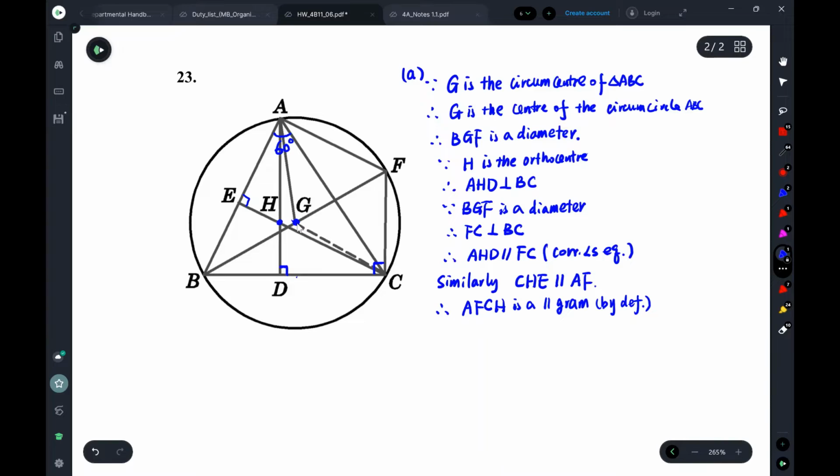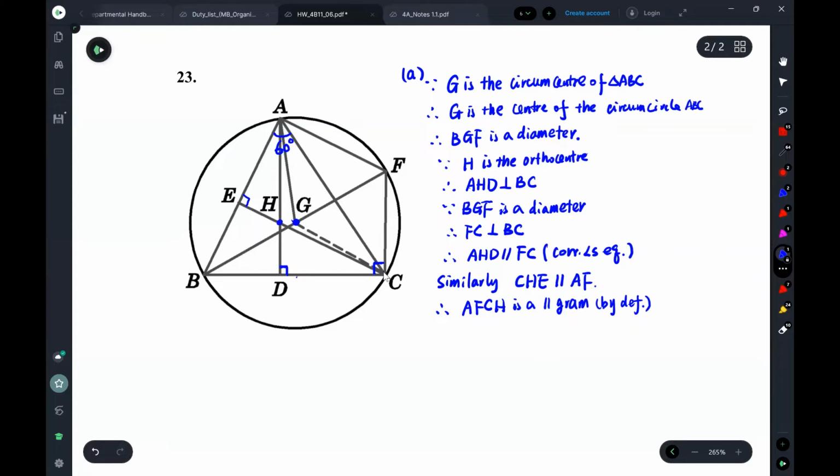We should also realize that in this question, AG is not a diameter, AG is the radius. So maybe there are other sides we can use. Maybe I prove AH equal GF, AH equal BG, AH equal GC.